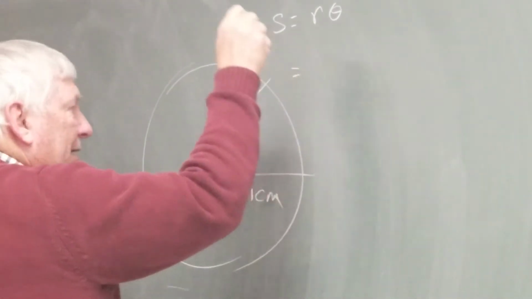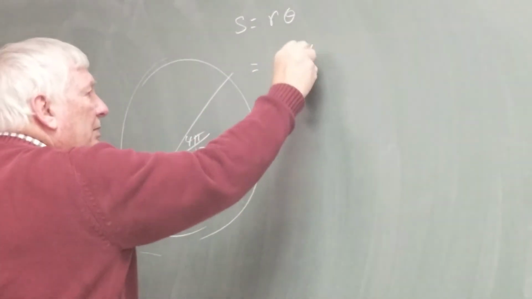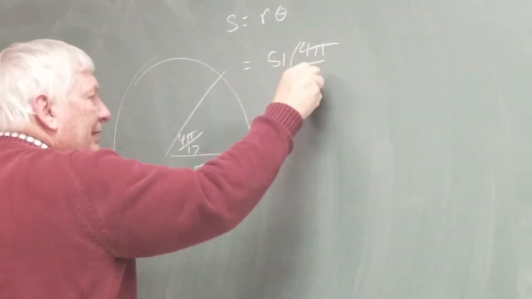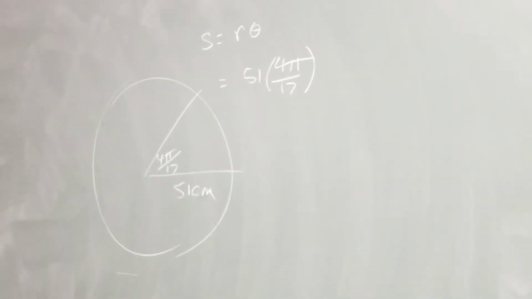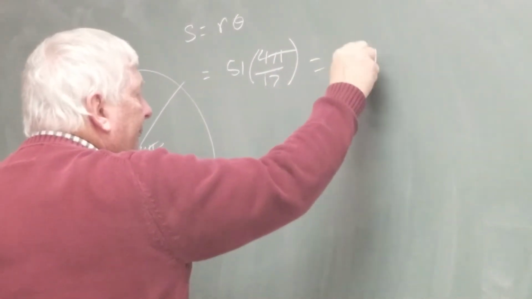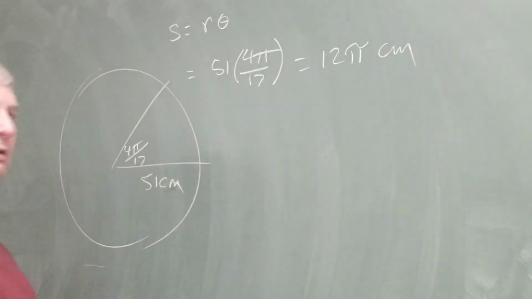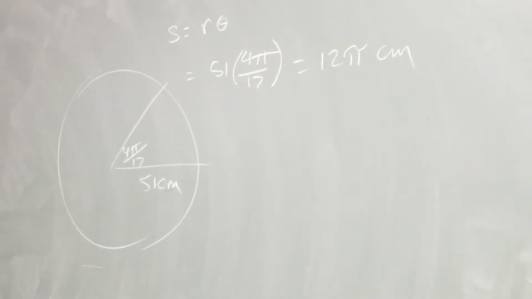In our case, that means 51 times 4 pi over 17. I picked nice numbers. 51 divided by 17 is 3. 3 times 4 is 12. 12 pi centimeters.